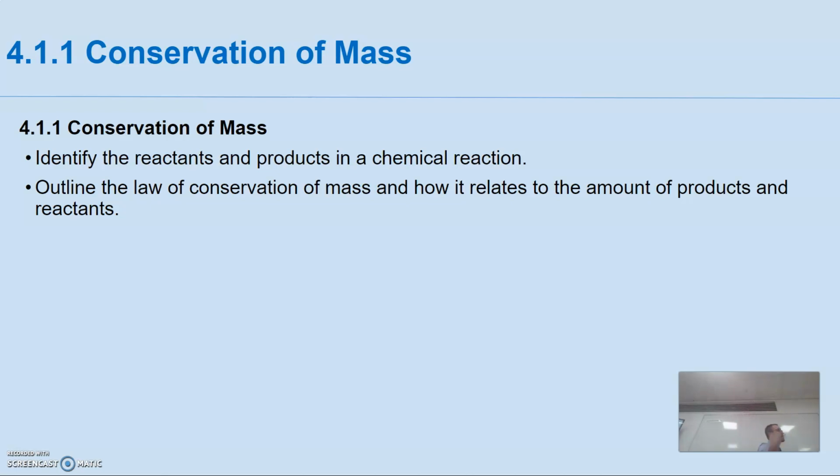Firstly, conservation of mass. What does the word conserve mean? What does the word conservation mean? To keep, right? Or to keep the same. So a conservative government, for example, coming up to election time, the Liberal National Party is a conservative government. They are ones that are about trying to save and trying to build an economy, right?